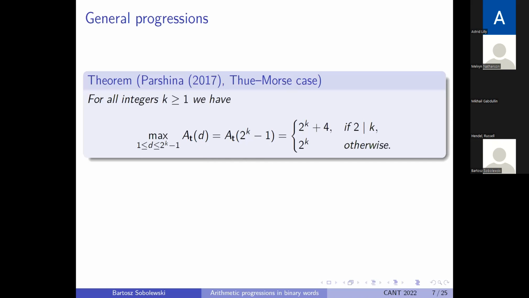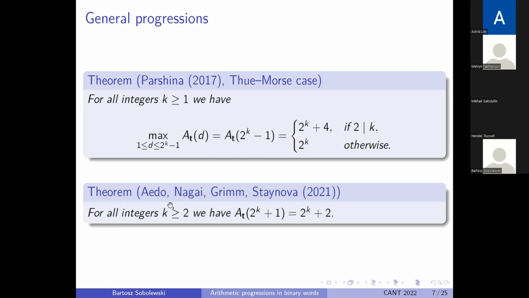And there is a similar result by Aedo, Nagai, Grimm, Steinova, quite recent, where they determined the maximal length of a progression of difference 2 to the power k plus 1, and also proved the expression for the length of a progression of difference 2 to the power k minus 1 in another way than Parshina did.